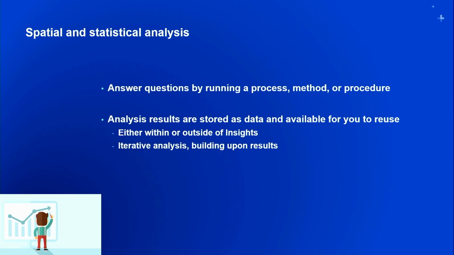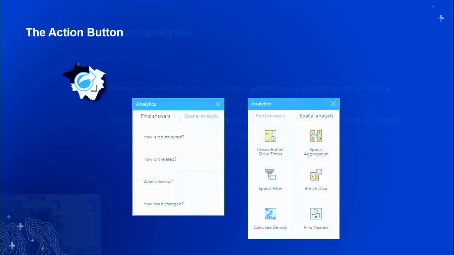Really, what we're doing here is answering questions, and we're running a process or a method or a procedure. Once we do that, the results are presented in Insights in the form of a derivative data set. You can iterate on top of that analysis result to do more, or kick it out for other systems or other applications.